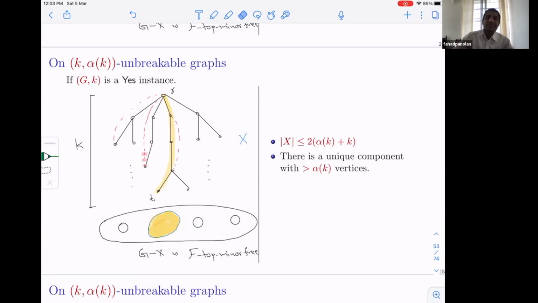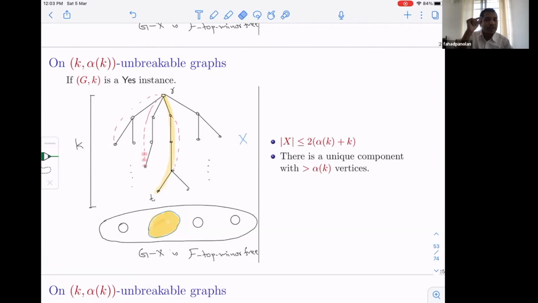So this tells me that if X and this tree is a hypothetical solution, then there is a unique component in G minus X which contains more than alpha K vertices, and the remaining will all be small components.